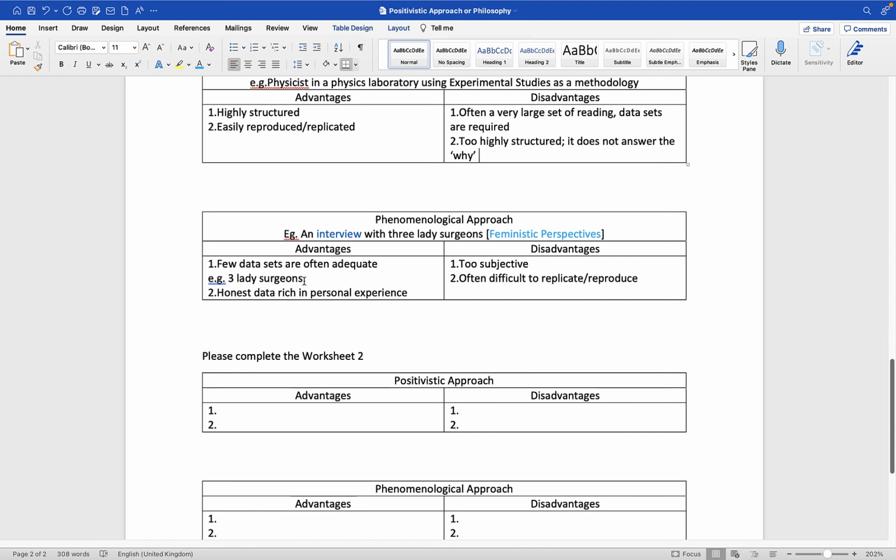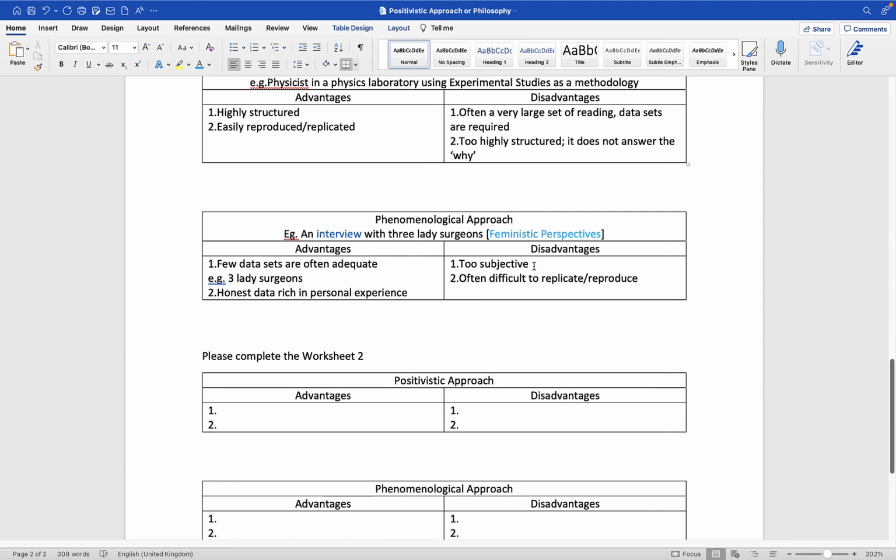It will be complete. Compare that with the tens of thousands of data readings that are required in some positivistic research programs. Now, the interaction with the ladies is going to be very rich in terms of personal experience. These are great advantages to the phenomenological approach, but there are some disadvantages.